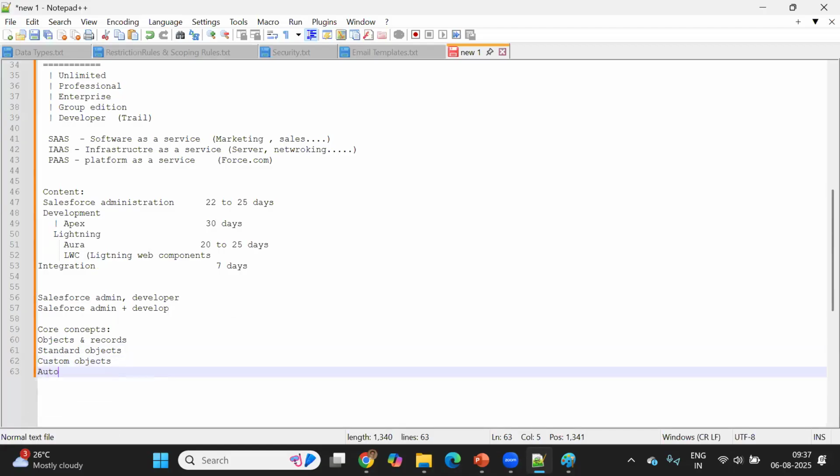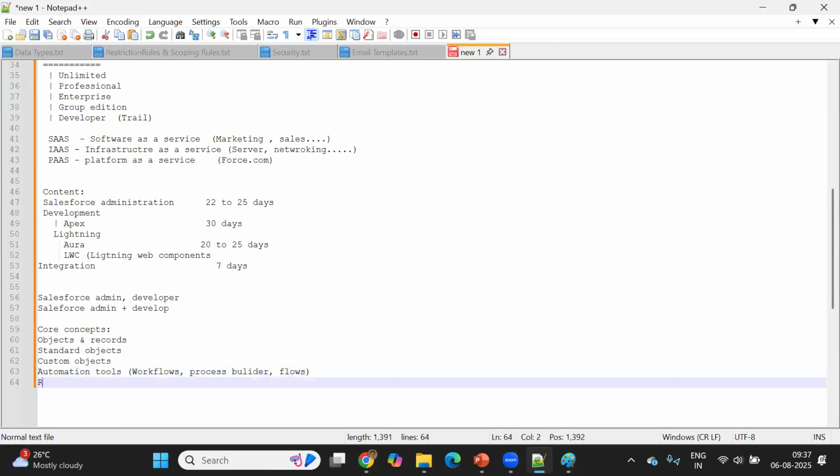And automation tools, whatever automation tools we have. Here it comes to workflows and process builder. So just to give you an idea of what we are going to cover, and reports and dashboards. These are some of the core concepts you need to learn for both admin and developer.